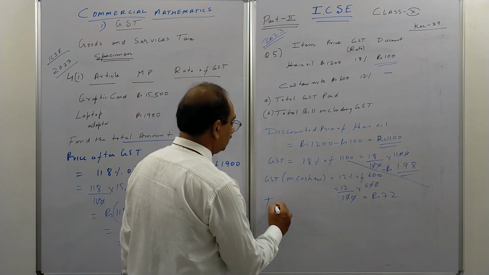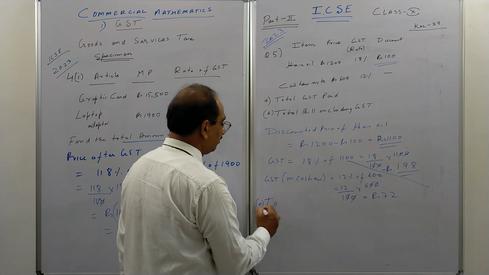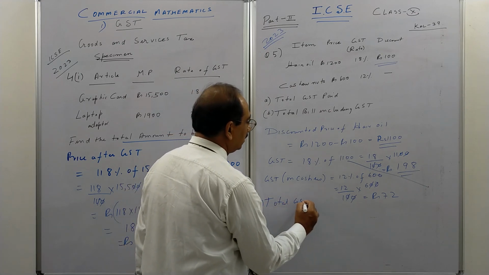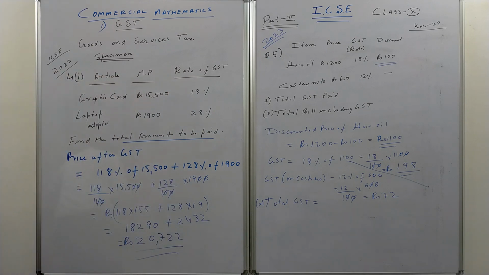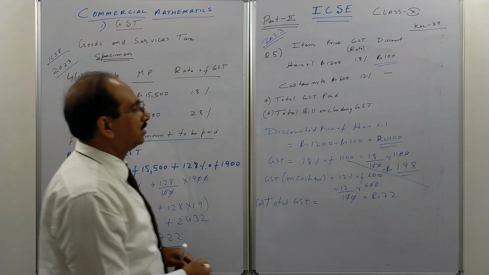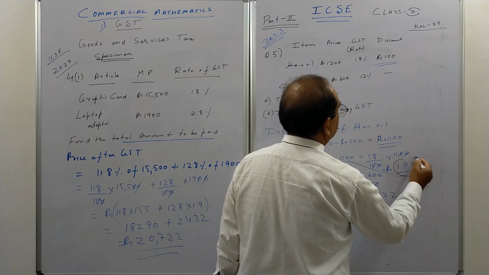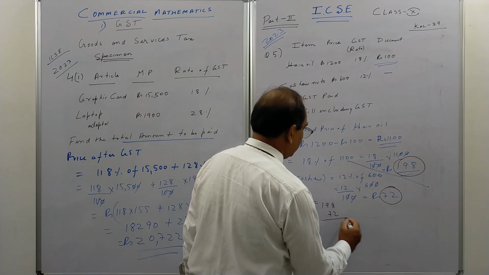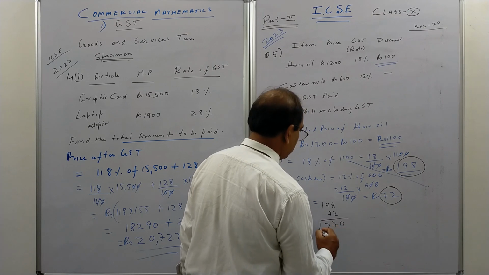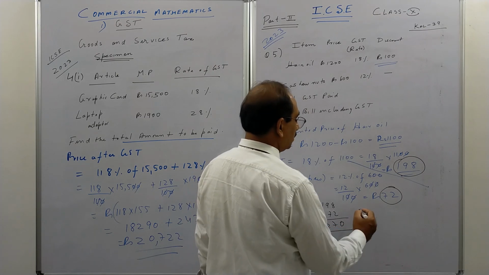Then total GST. So first part of the question, total GST is, let me use black ink to just tell you that we add this 198 plus 72, it is rupees 270.